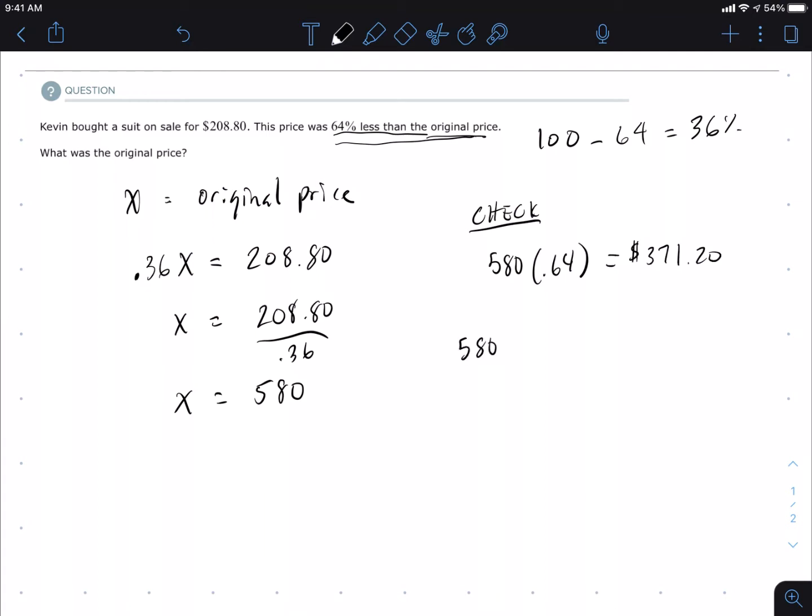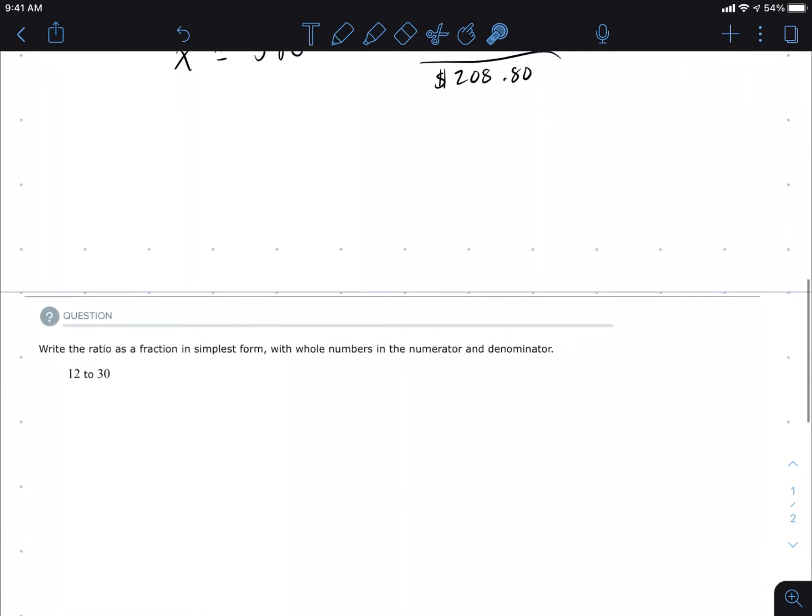So 580 minus 371.20, what does that give us? Doesn't that give us 208.80? And so we know we have the right work. Because we have the original price now, we can look at the discount and go check our work. We okay? Okay. All right.